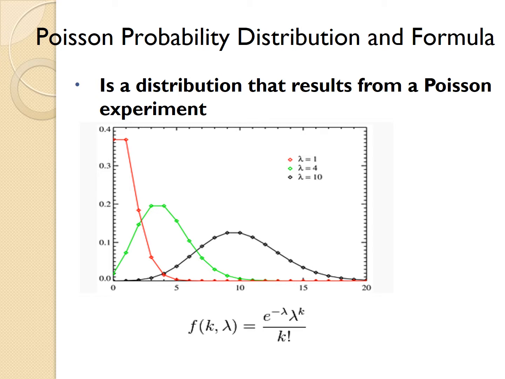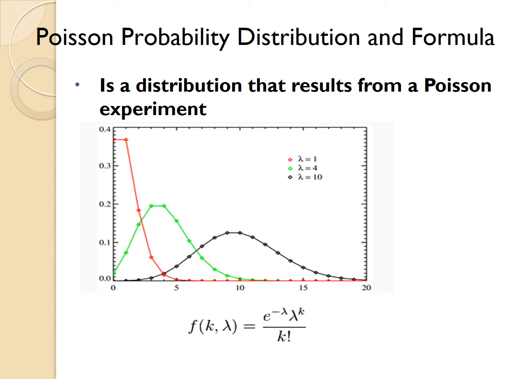The parameters for the Poisson distribution are K and lambda, where K refers to the successes that occur in the Poisson experiment, and lambda is the mean of the successes.